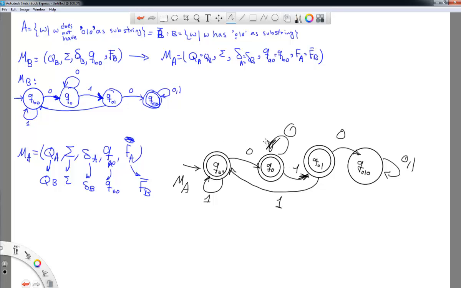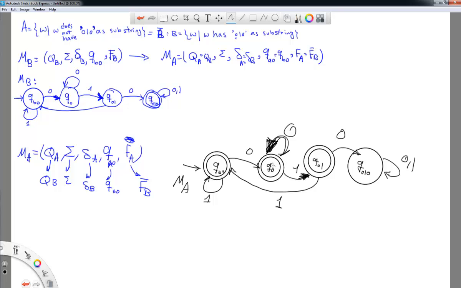I'm basically now making all the non-accept states into accept states, and all the accept states, which is here q010, into a non-accept state. So you see that this machine processes strings, and as soon as it sees a 010, then it flips into a state that it can never recover from. And the rest of the process basically stays the same.